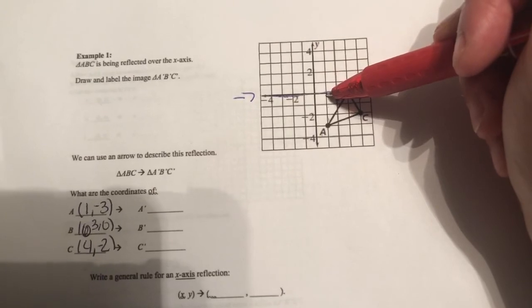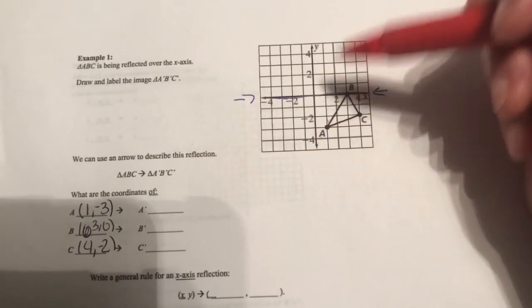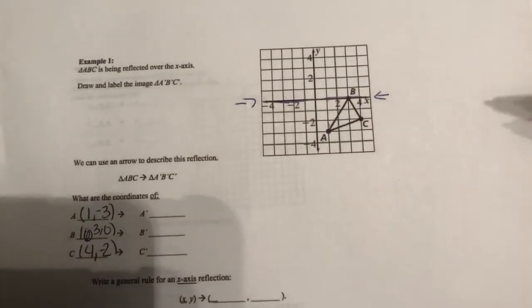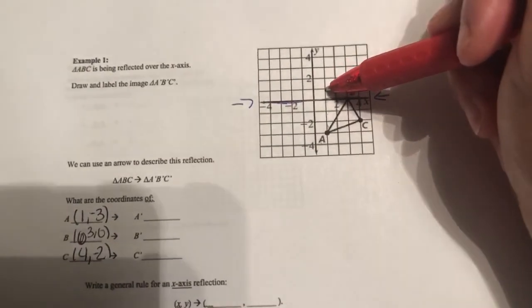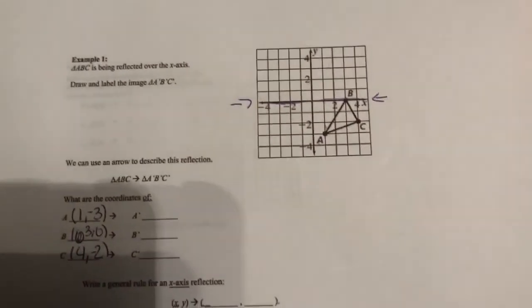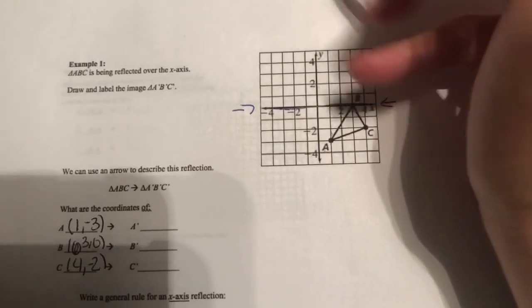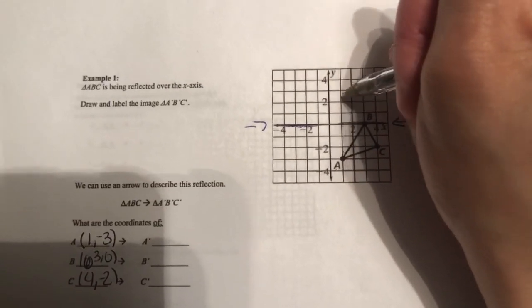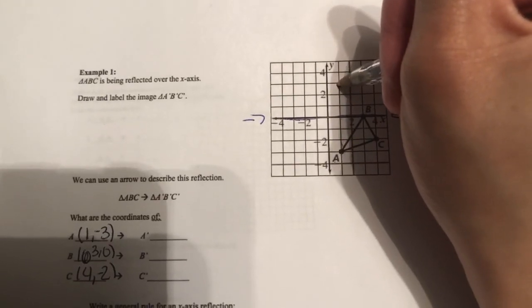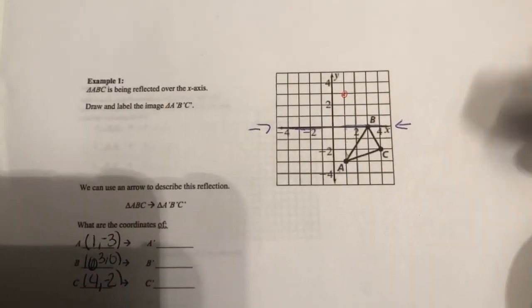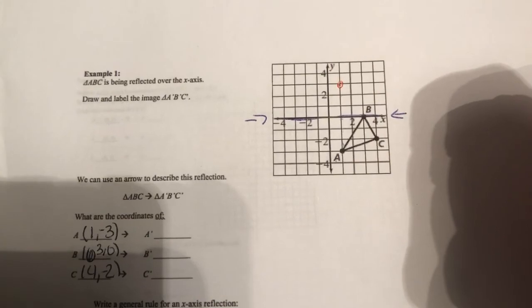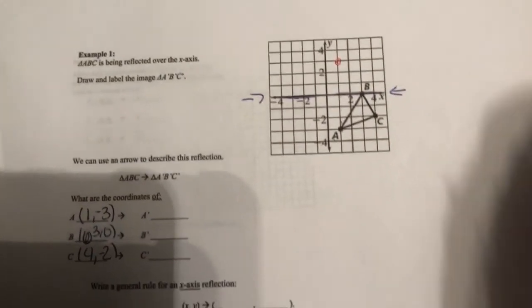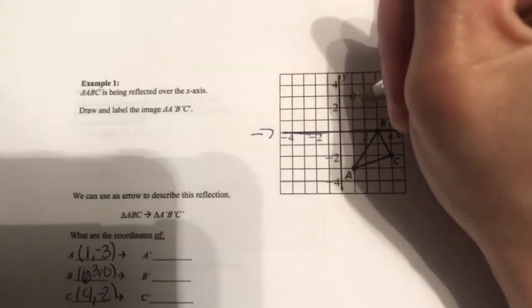If it's 3 spaces to get there, and since it's a mirror, it's going to be the exact same thing on the other side: 1, 2, 3. Since this is a new point, I'm going to make it in red so you can see A prime.